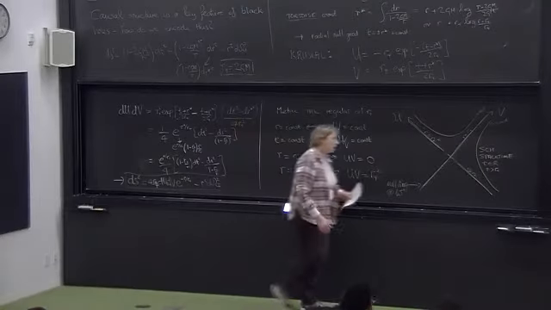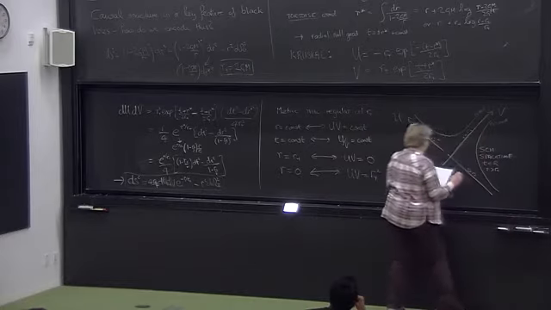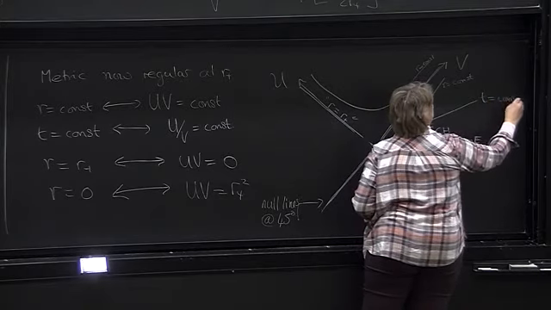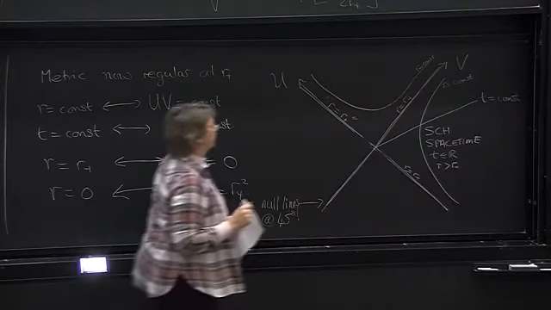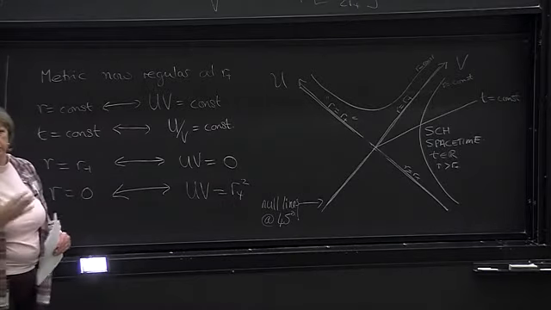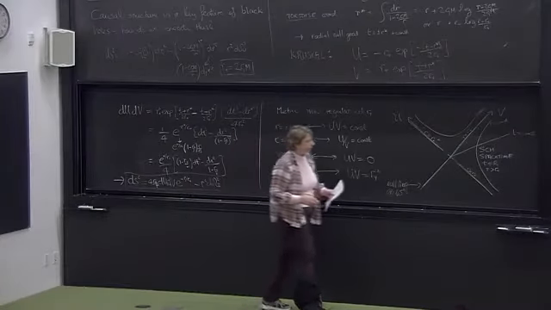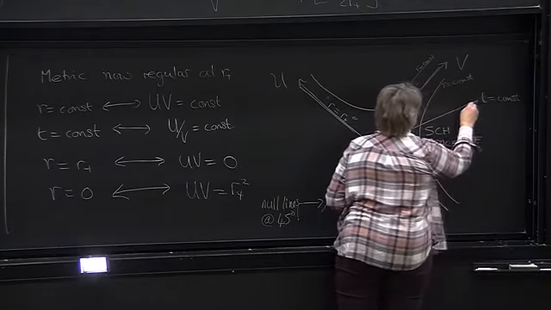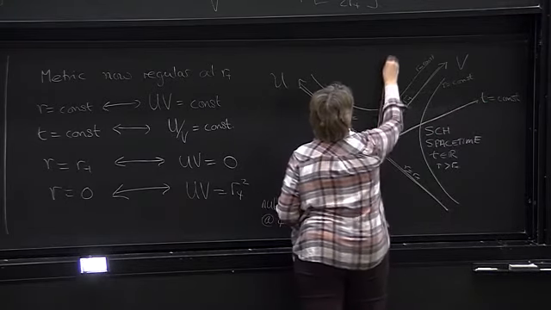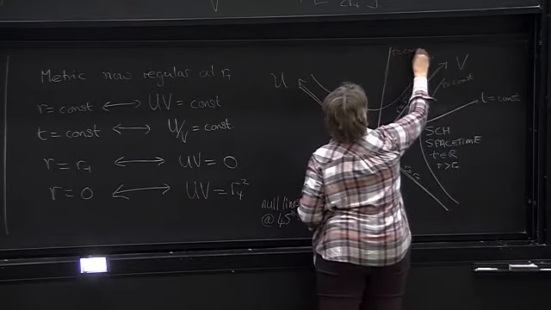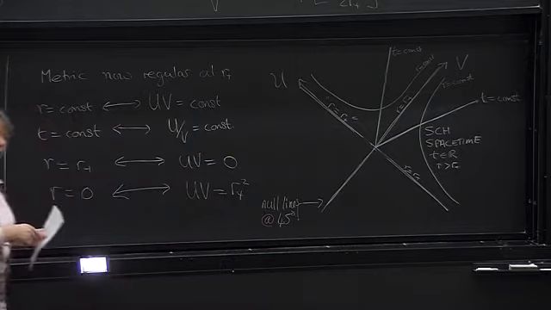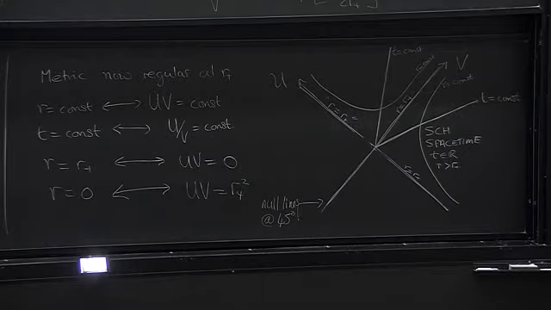Here we have that t equals constant is basically u proportional to v, so those are just straight lines coming out of the origin. And so inside, for r less than r plus, notionally, t becomes a space-like coordinate.